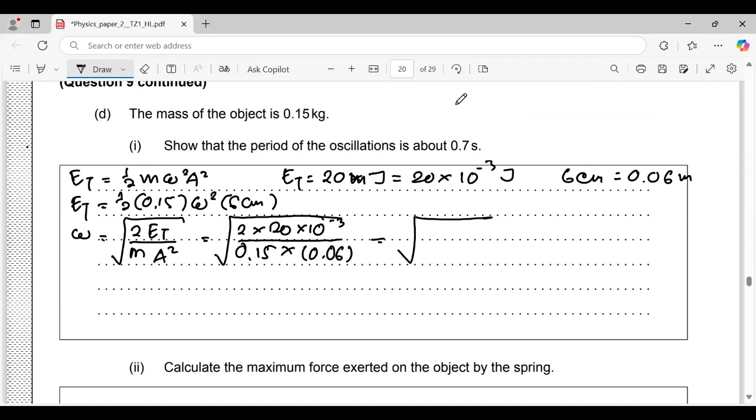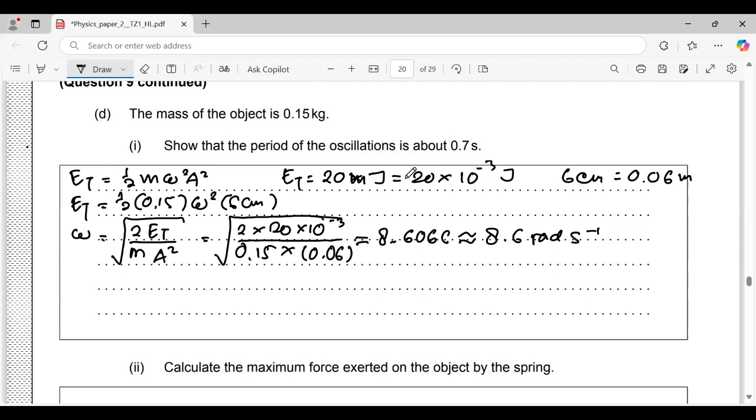If you calculate, I already calculated this number. The result is 8.6066, rounded to 8.6 radian per second.